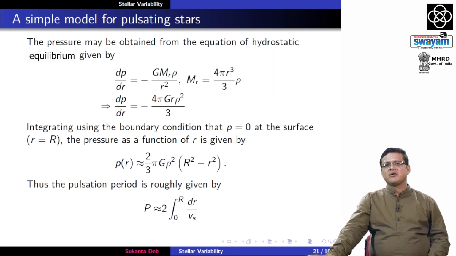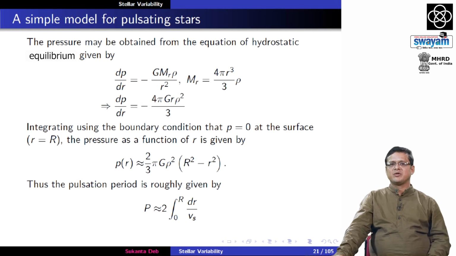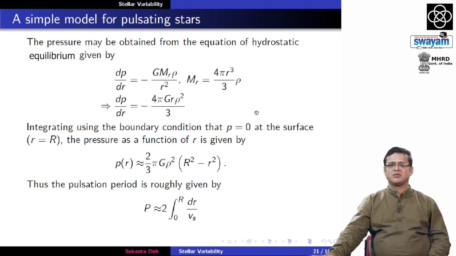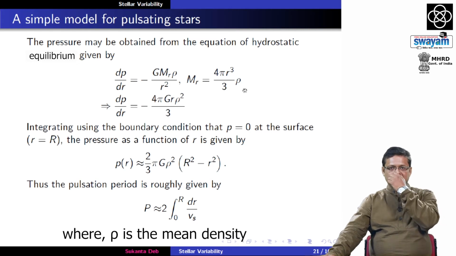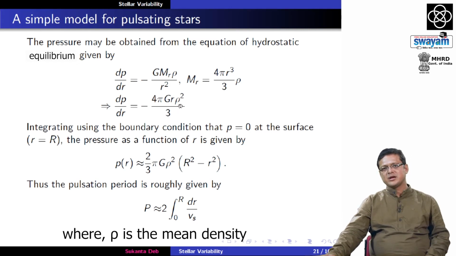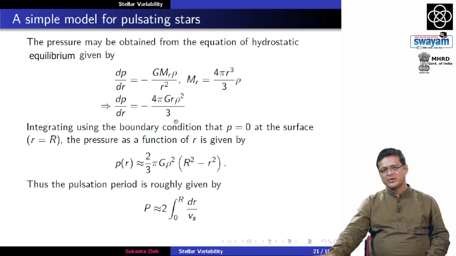The pressure may be obtained from the equation of hydrostatic equilibrium given by dP by dr is equal to minus G m r rho divided by r square. Here m r is equal to 4 pi by 3 r cube rho, and this can be written as dP by dr is equal to minus 4 pi G r rho square divided by 3.